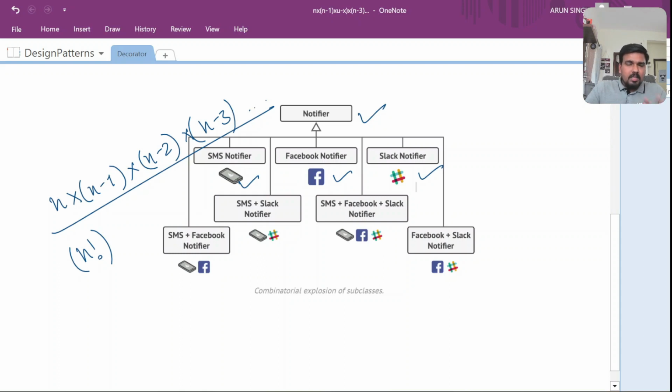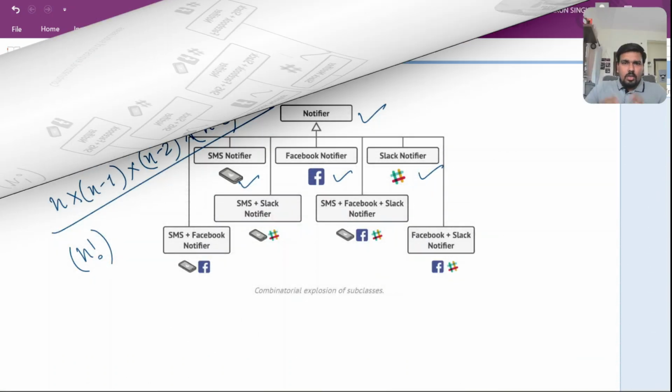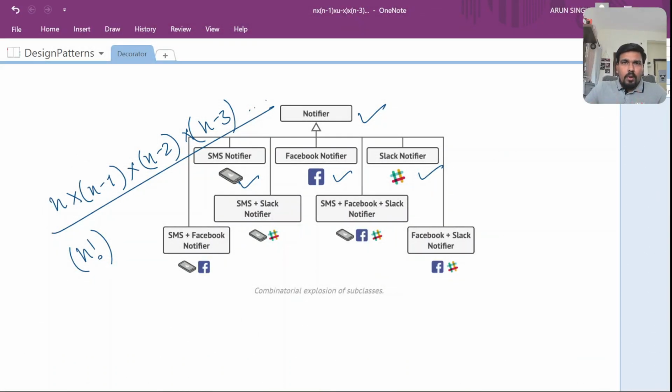You can have multiple combinations again. Now if every topping is in itself an object, then combining these objects together and expecting a behavior out of them is again a very tedious task, right? Again, it's a computational problem because it will explode. So I think now you would have understood when this decorator pattern can come into picture, right?